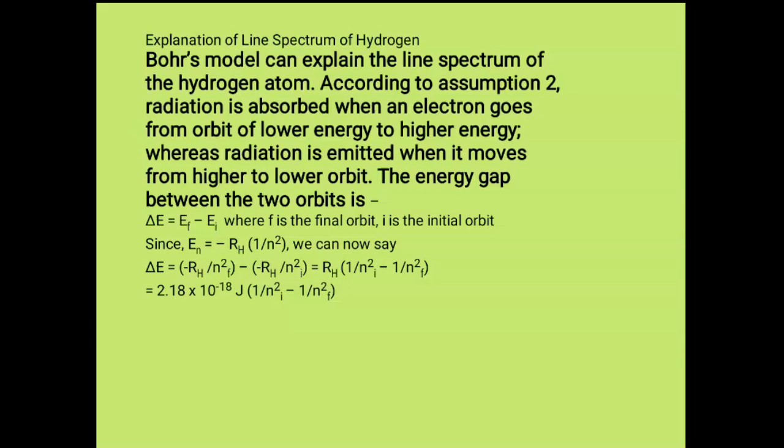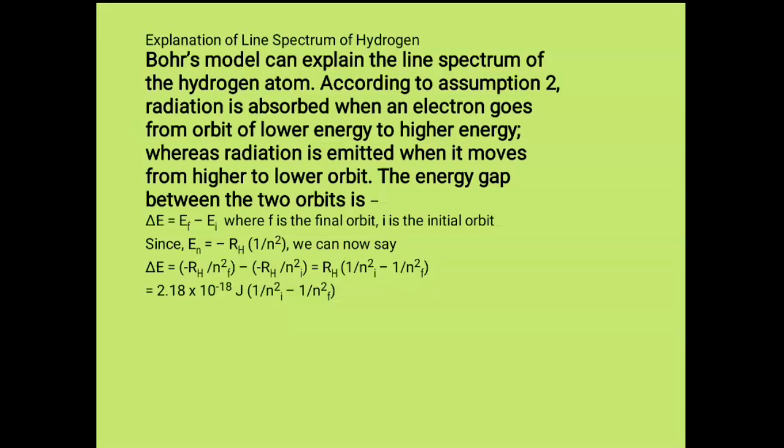Here RH in terms of joules per atom is 2.18 into 10 raised to the power minus 18 joules per atom. And if we want to convert it into joules per mole, then we need to multiply it with the Avogadro number, that is 6.022 into 10 to power 23.